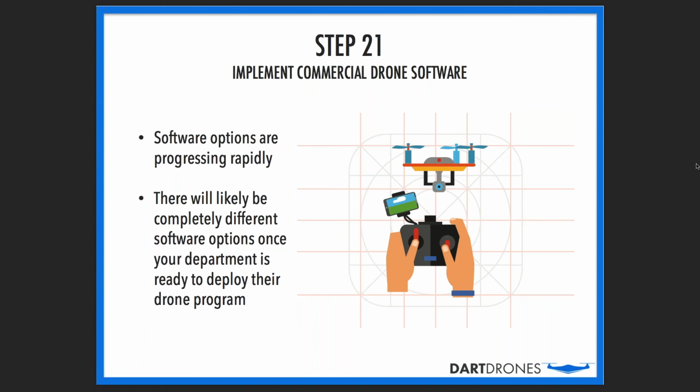Some of the companies, you just have to investigate. They do have a desktop or a hard copy software that you can have on a desktop at your agency, and you can keep that chain of custody intact throughout the entire process. You just have to look at what software happens to work best for you.